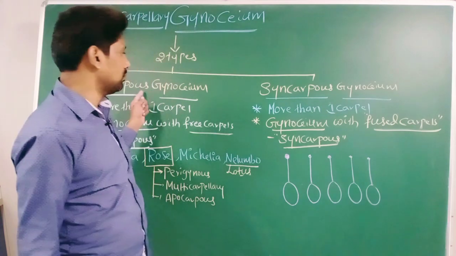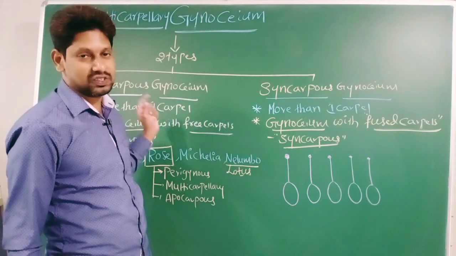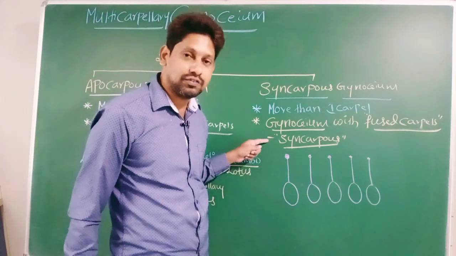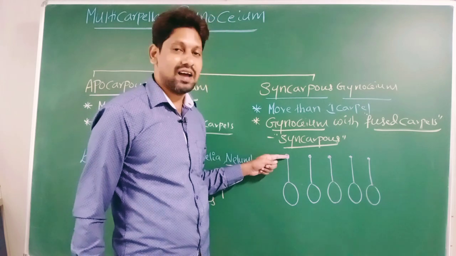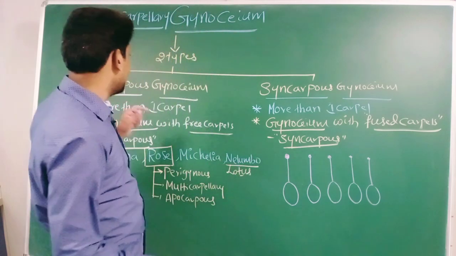It means in apocarpous gynecium, each carpel is having its own stigma, style and ovary. As carpels are free, they are not fused. Each carpel is having its own stigma, style and ovary. In which gynecium?